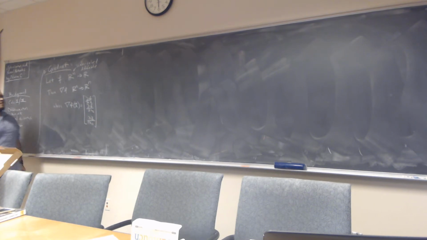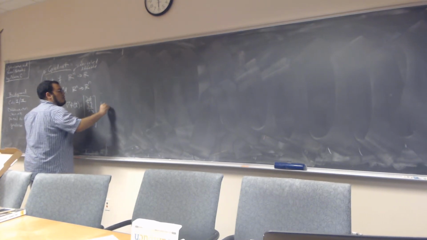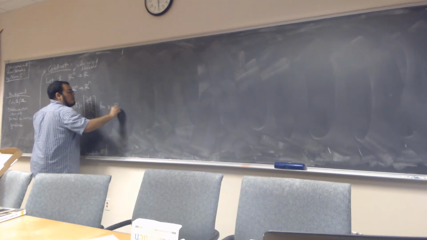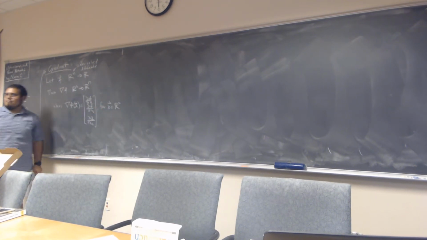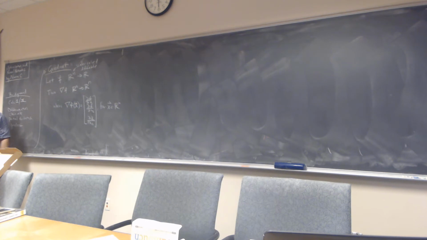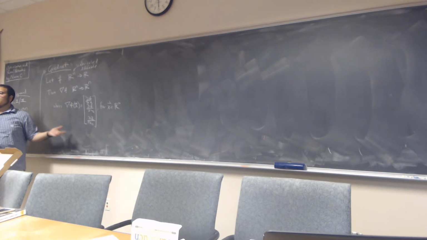Okay, and this is for some point x in Rn. Okay, so basically, given some point in n-dimensional space, you get some n-dimensional vector. Now, what's so special about this vector? What does it tell us about the function?